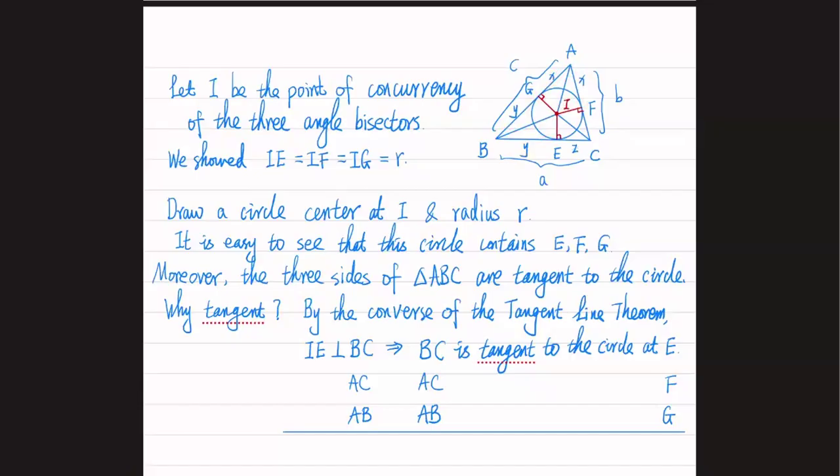Let's choose a different color. It's too many letters. So I'll call this x, y, z.